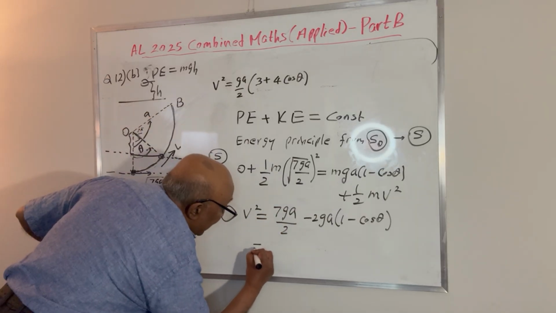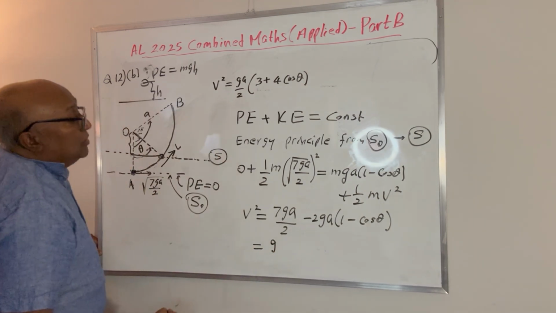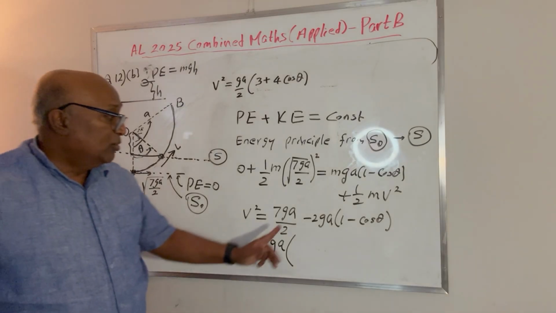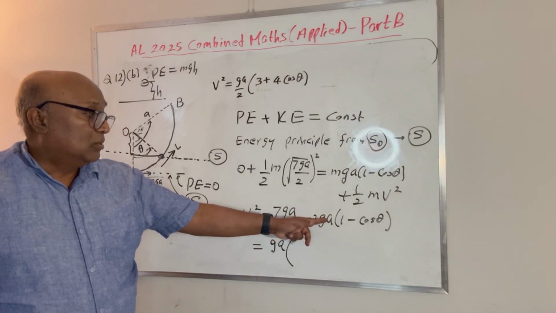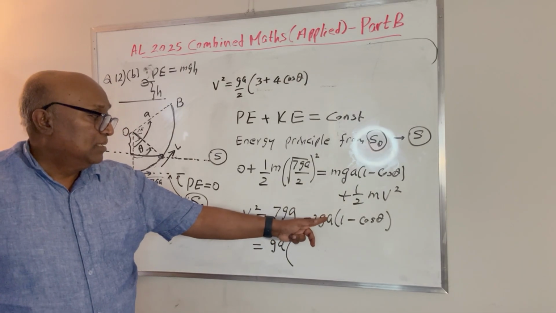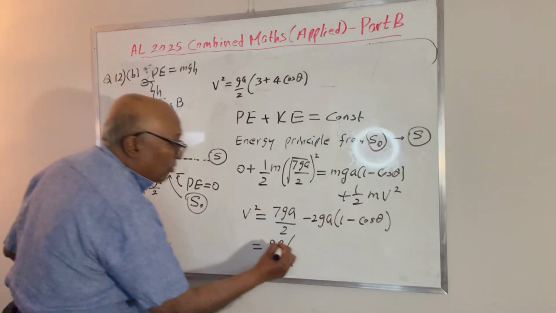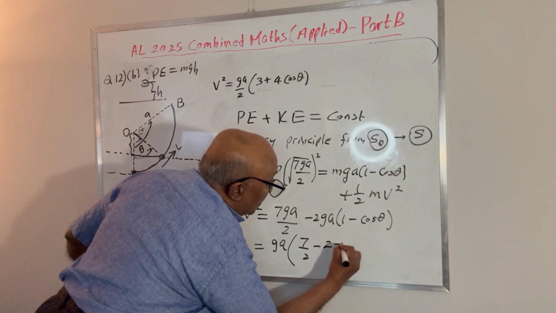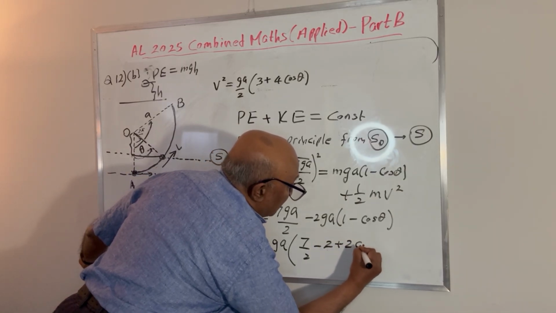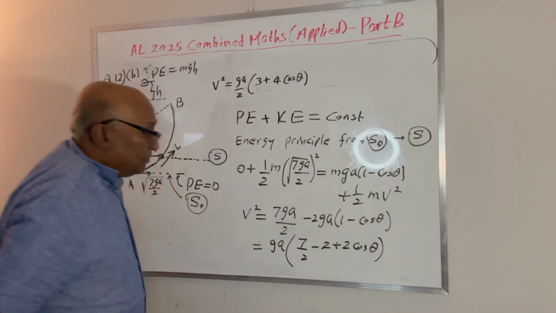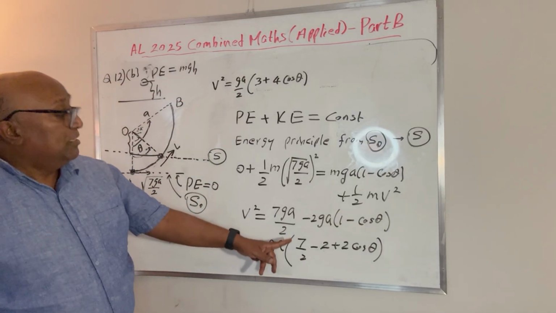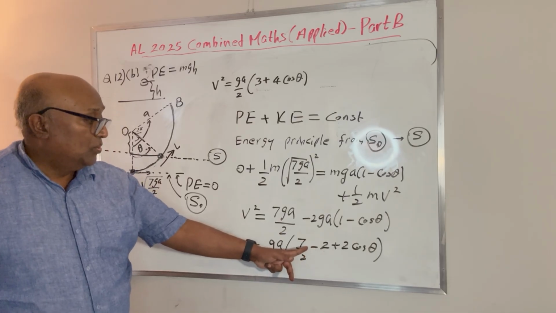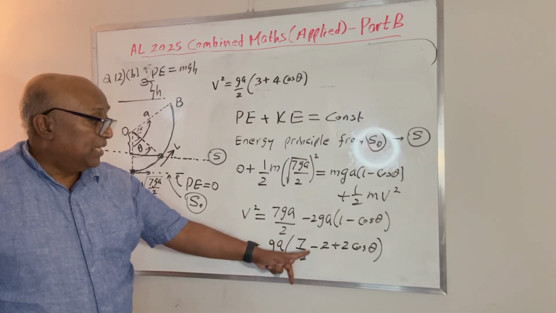Now you can take ga out as the common factor: ga times 7 by 2 minus 2 plus 2 cosine theta. Then what are you getting? 7 by 2 minus 2 is 3 by 2.